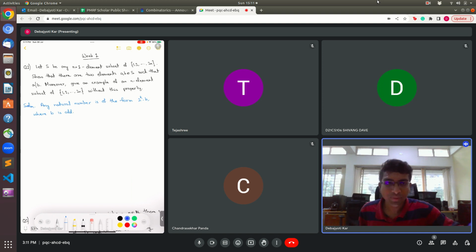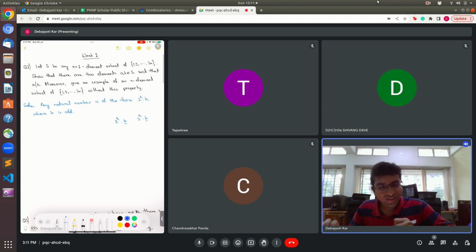And this representation is unique. Now the thing to note is that suppose there are two numbers whose odd parts are the same. Let's say we have two numbers, 2 to the power k1 times b, and 2 to the power k2 times b.